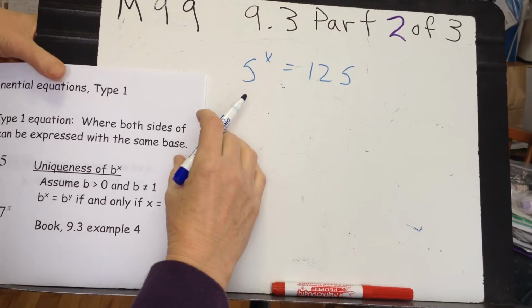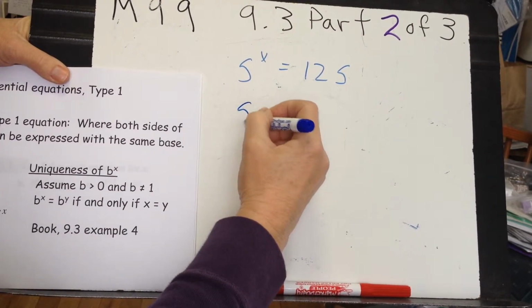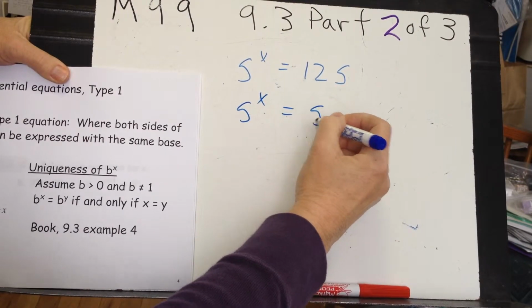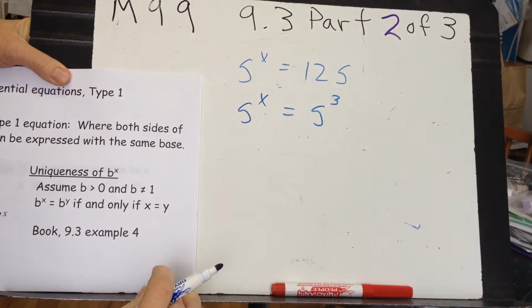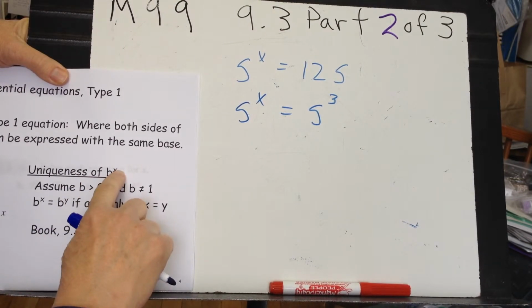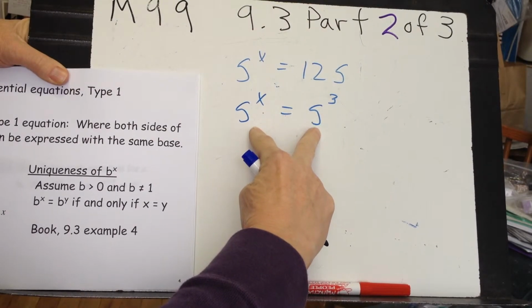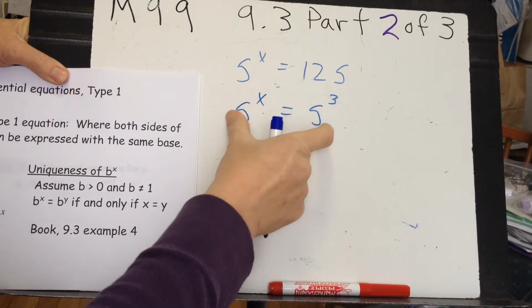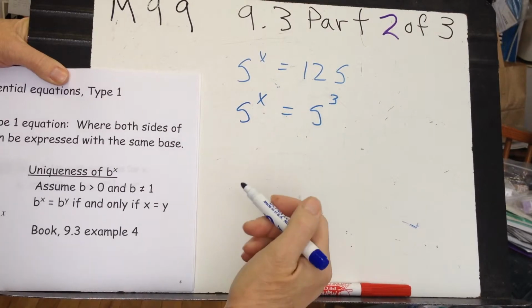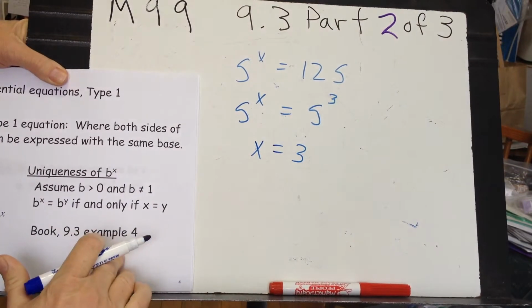Well, 5 is already about the smallest base that I can find, but 125 is 5 raised to the 3rd power. Well, this uniqueness of a base raised to a power property says that if those 2 bases are the same, then those exponents had better be equal as well. So therefore, x is equal to 3.